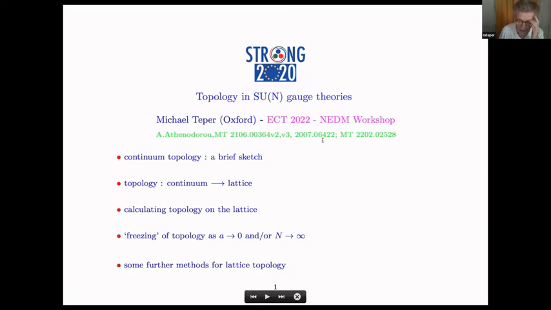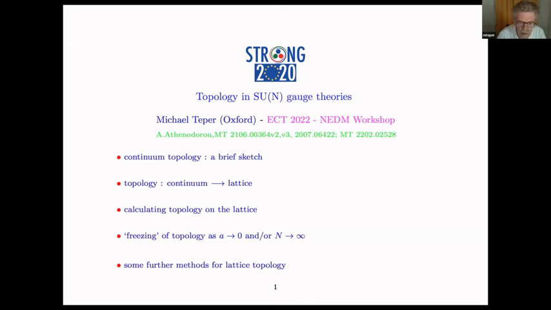And right at the end, I mention some new work, some ideas that I put forward in a paper very recently. So at least for people who are interested in topology, there's probably not too much that is new here, but it's a kind of review.